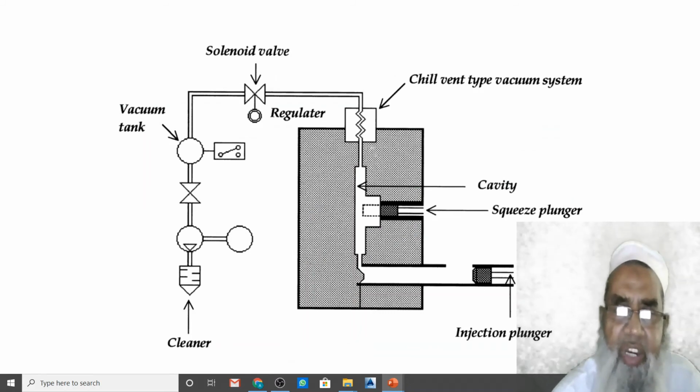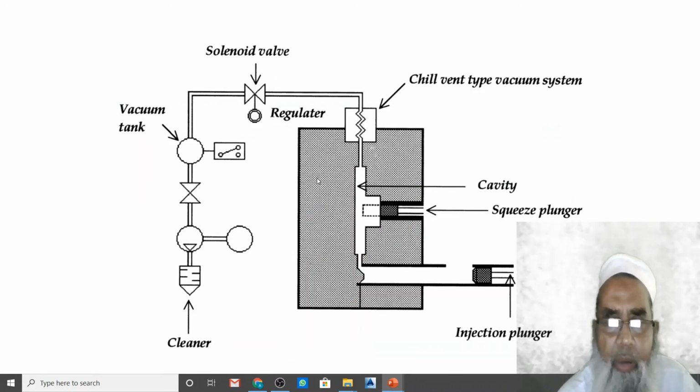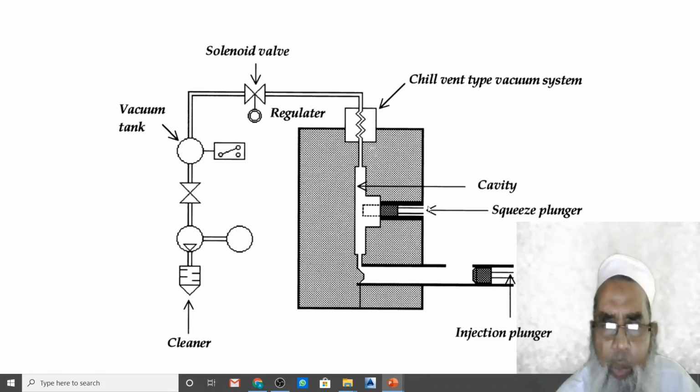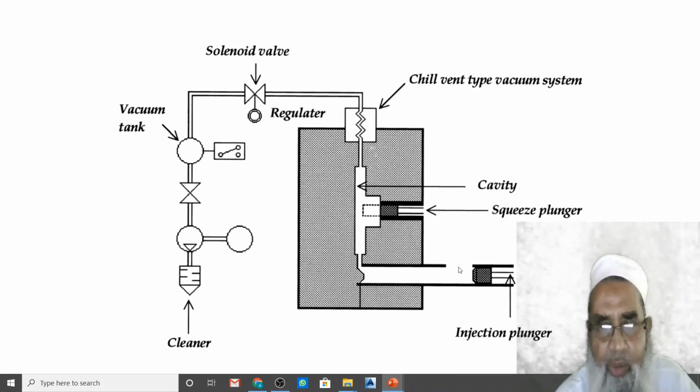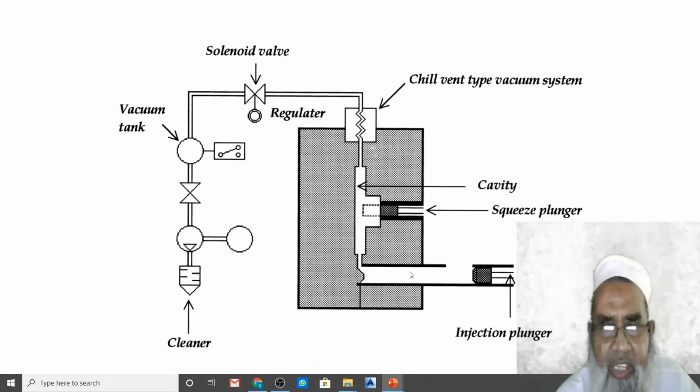Now, a little modification over here. This is the movable part and fixed part with a squeeze plunger in it, and instead of immersing in the molten metal, we provide a cold chamber with a short chamber and an opening. The molten metal is poured into the short chamber, and with the help of the injection plunger the molten metal is injected into the die cavity.